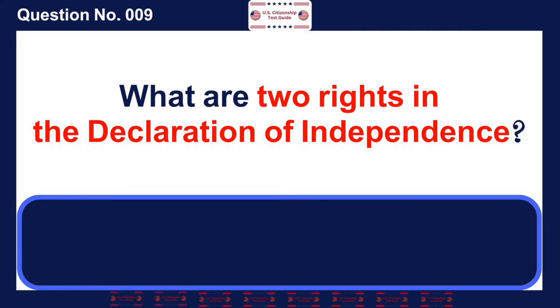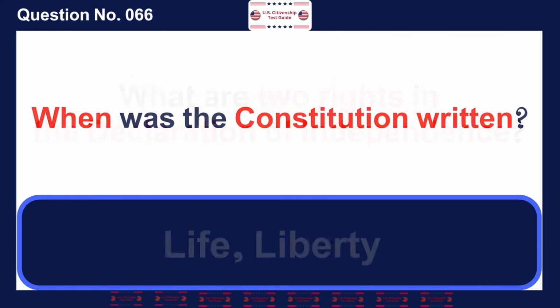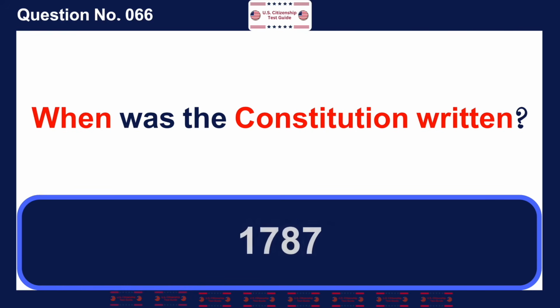What are 2 rights in the Declaration of Independence? Life, liberty. When was the Constitution written? 1787.